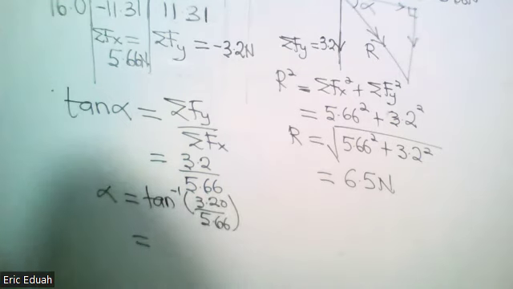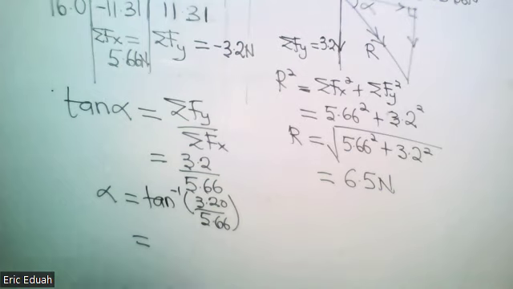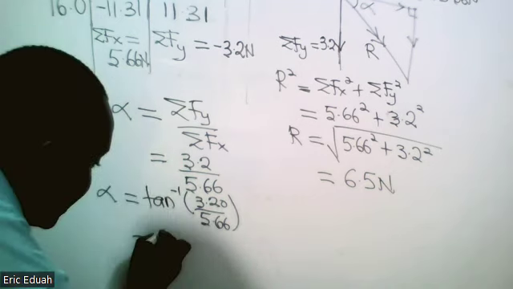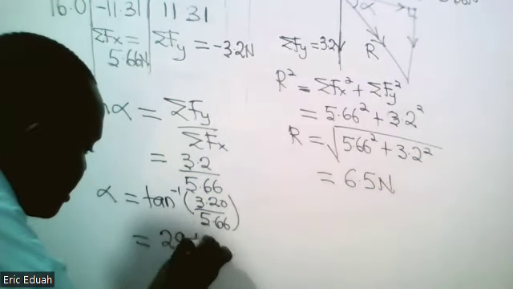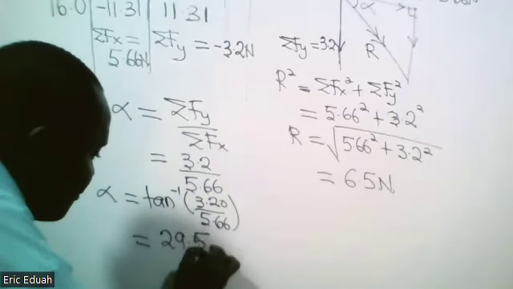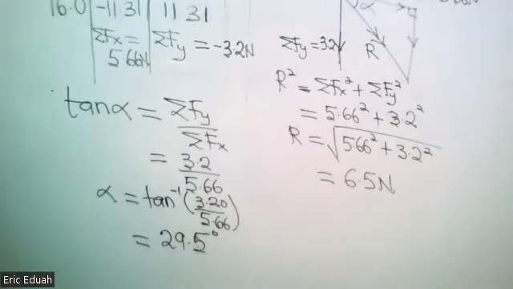What did we make for alpha? 29.48 degrees. Now I have wizard powers. So let's take it as 29.5 degrees.